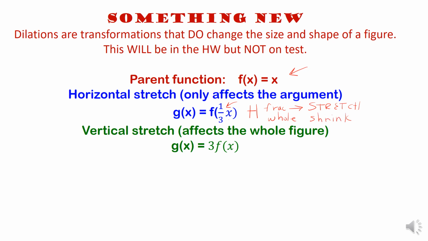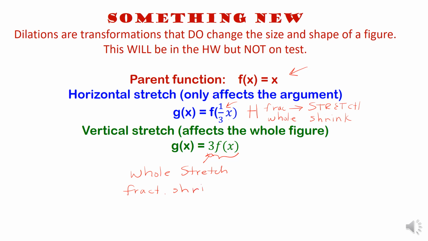Okay? If it's a vertical stretch, it's going to affect the whole thing, so it's going to be out in front multiplied by your function. And a whole number means a stretch, and a fraction means a shrink.